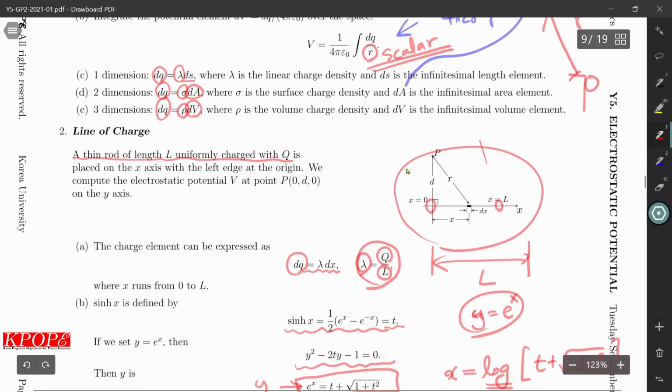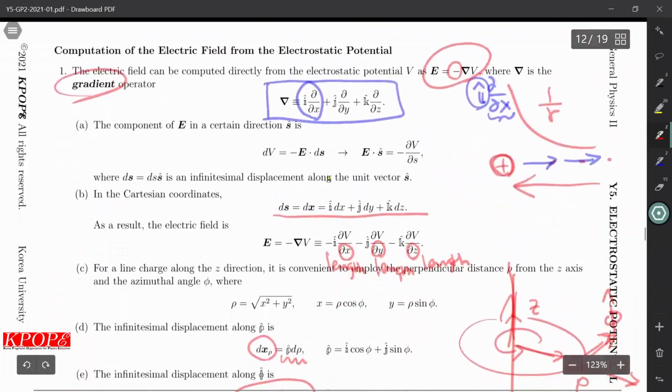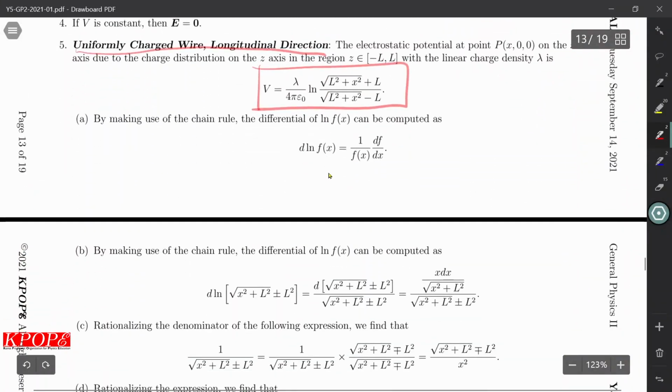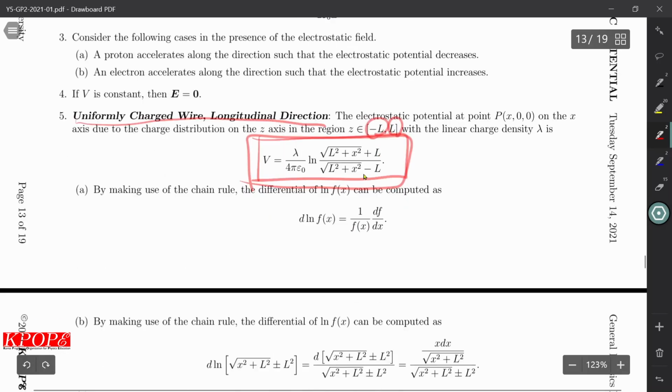Electrostatic potential due to line charge from 0 to L has been obtained in here. By making use of that one, with doubling the size from minus L to L, we end up with this expression for the electrostatic potential for the uniformly charged wire.